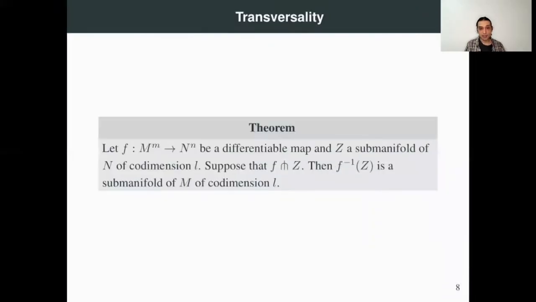And what we get, because of a consequence of the discussion that we just had, is that if we have a differentiable map and a submanifold C of N of codimension L, and we suppose, of course, that F is transversal to C, then the preimage of C is a submanifold of M of codimension L. So we actually have the necessary condition we were looking for, and it's transversality between the map and the submanifold.